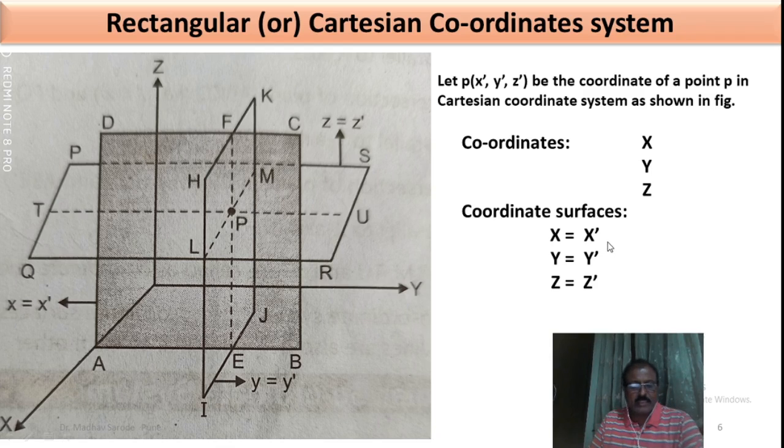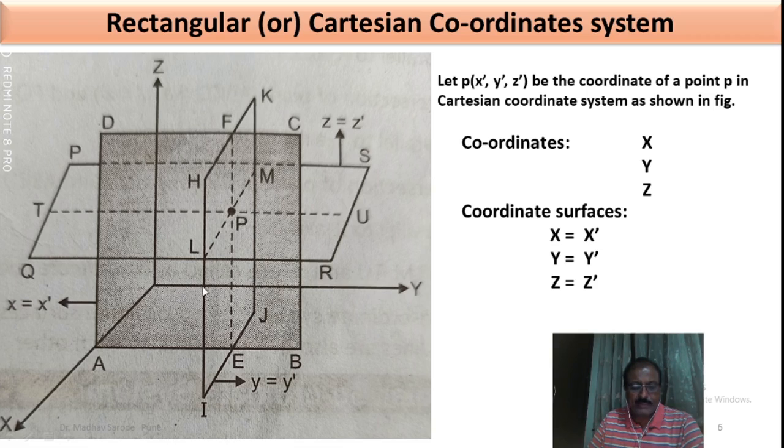Similarly, we consider another plane, HIJK. This plane is parallel to the ZX plane, which means the value of y is y equal to y dash.